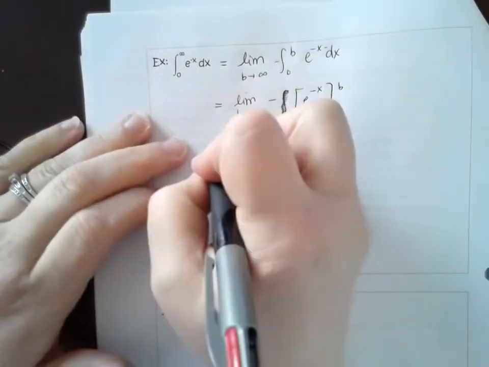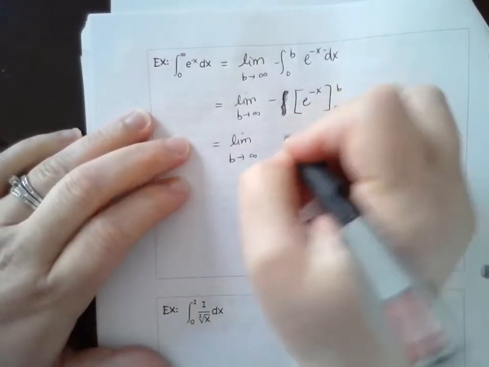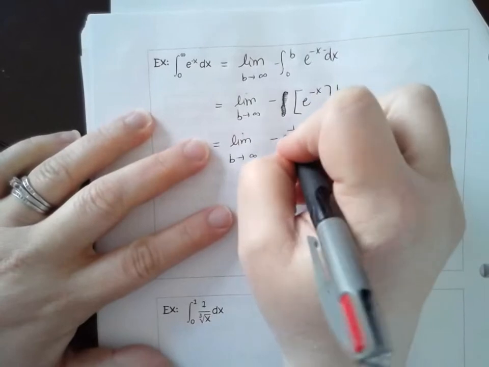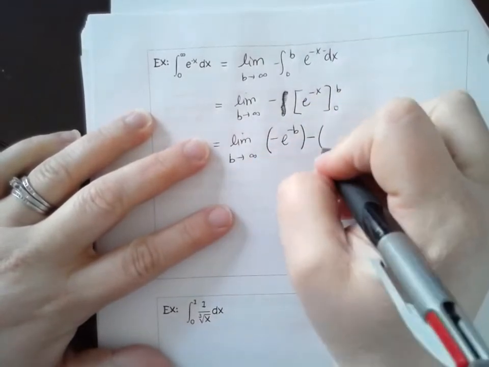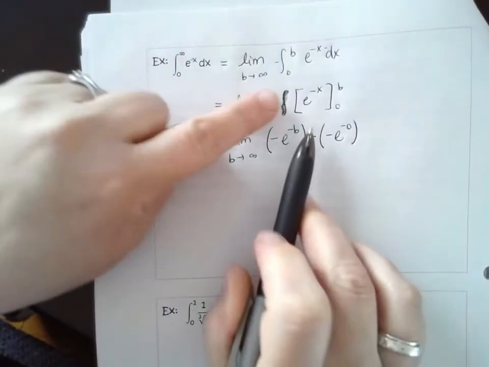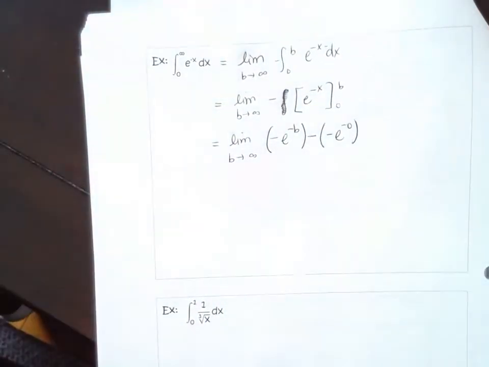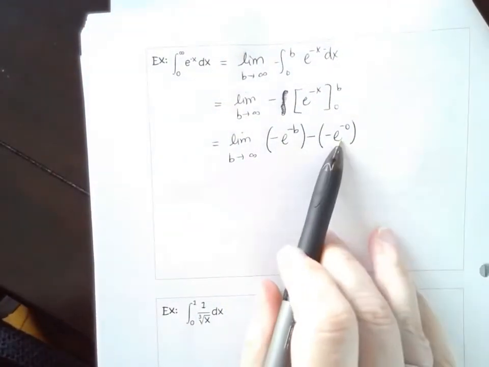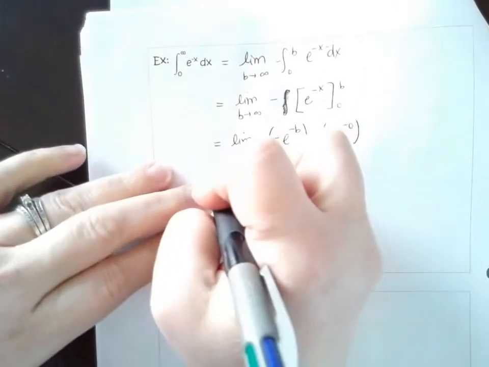I can plug in b, and I can plug in 0. Okay, so what I just did was evaluate this at b and at 0. The one on the right can actually be evaluated for a specific number. The one on the left cannot.